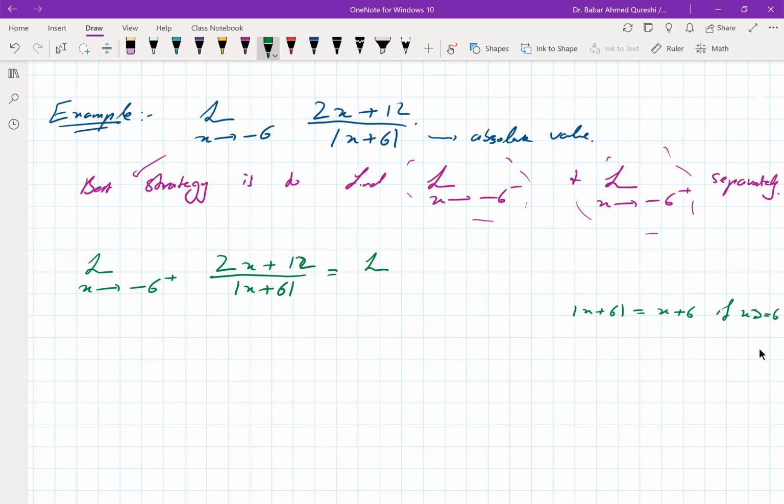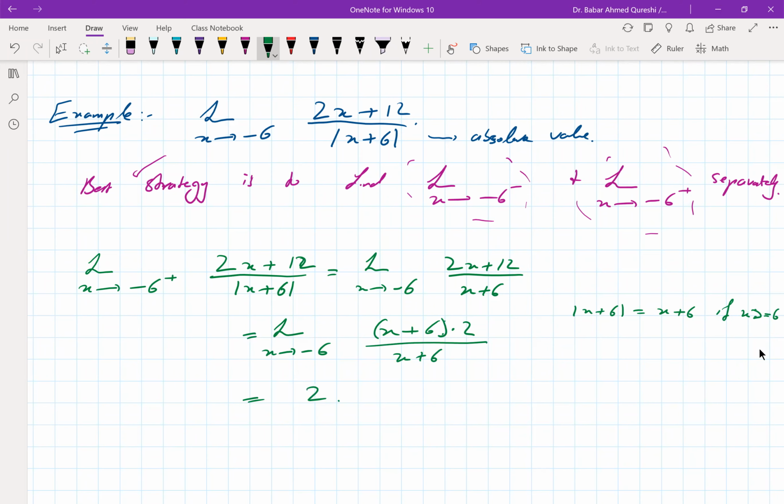Therefore, this is equal to, now again, if I put x is equal to -6, I'm having a division by 0, but since it's very easy to factorize it, I can immediately see that this is what I get for the right hand limit.